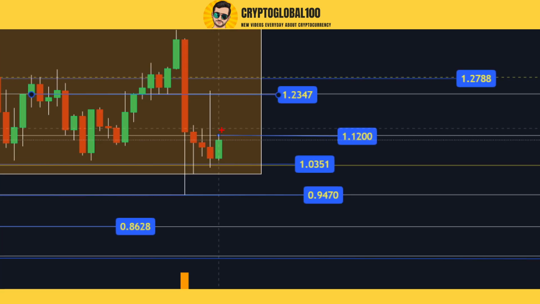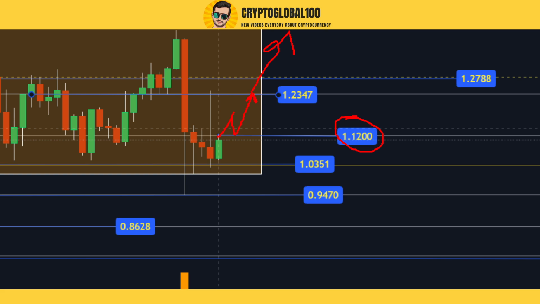Now you can see clearly a rejection from the 1.12 level. We first need to break 1.12. First, a rejection from 1.12, then a test at the 1.2347 level, and we need to break this level in order for the price to move in the upside direction.